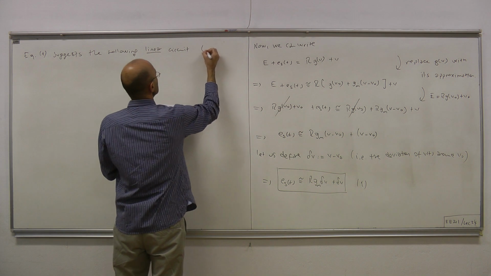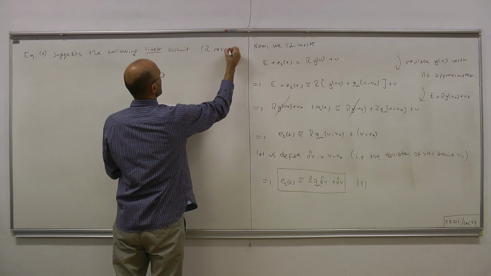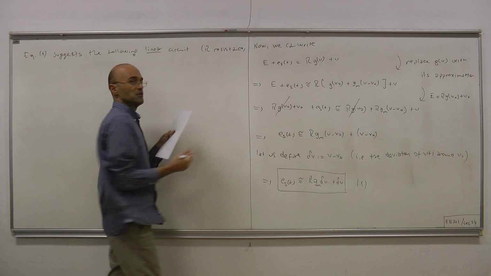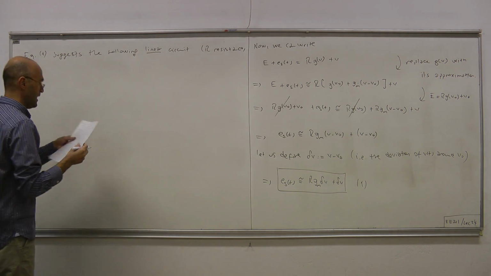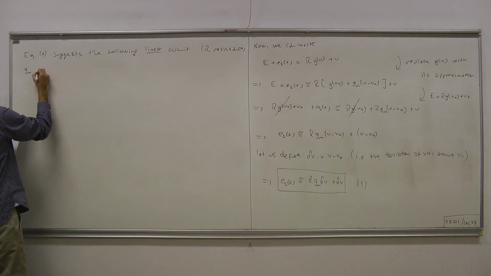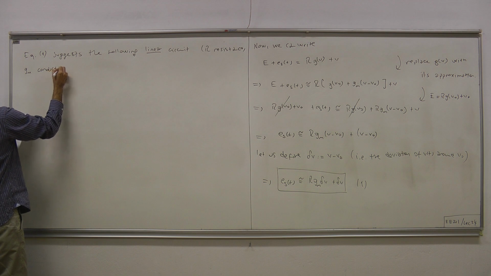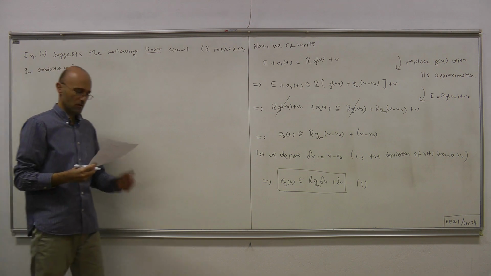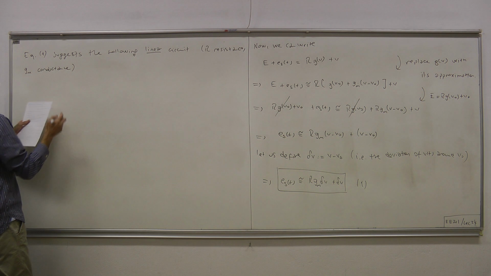R is the resistance that we're given, and Gm is the conductance of the following resistor.